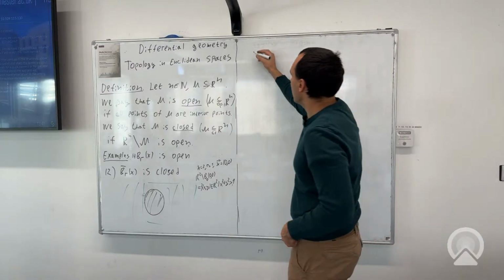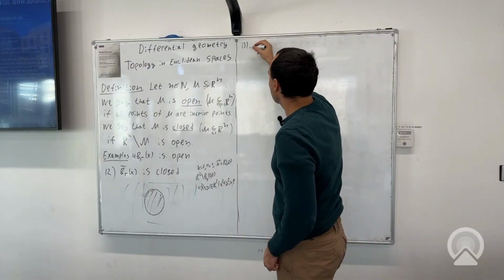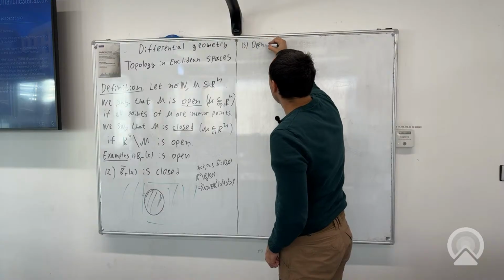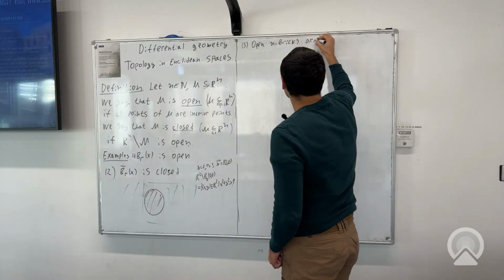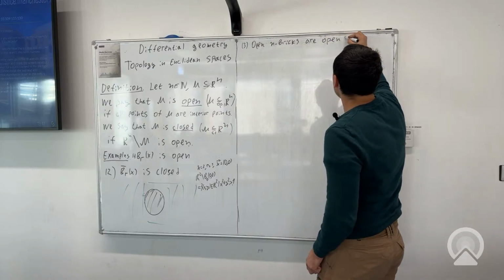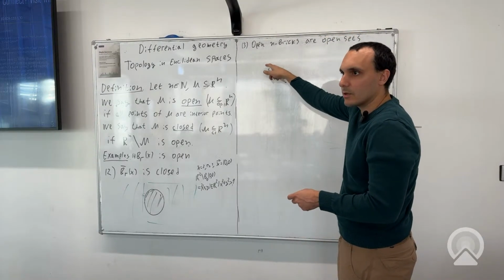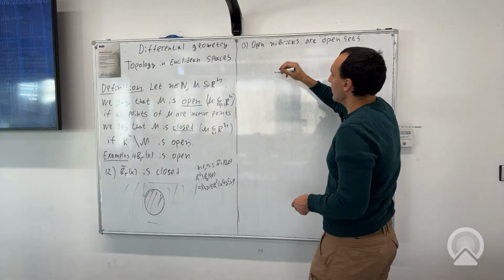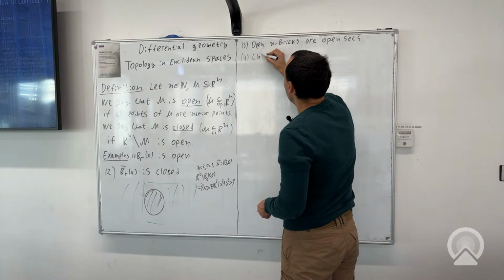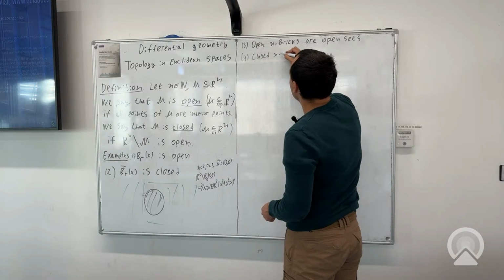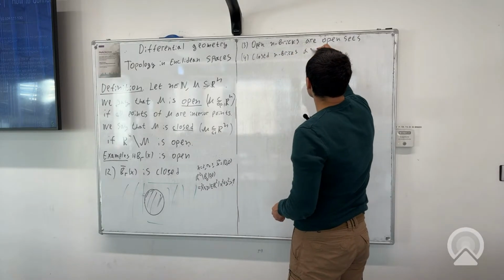Similarly, open bricks are open sets. If you are in the interior of a square, for example, you can draw a circle that is also in the interior of the square. And closed bricks are closed sets.